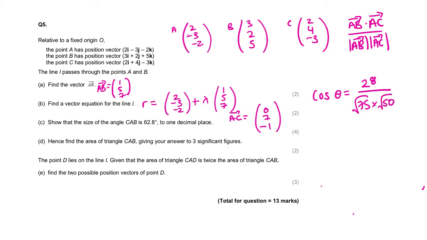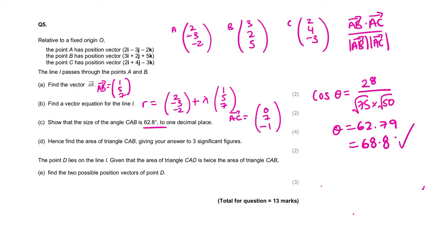So that's going to be shift cos of 28 divided by root 75 times the square root of 50, which is 62.79 degrees, which is 62.8 degrees, which we've shown. Perfect.